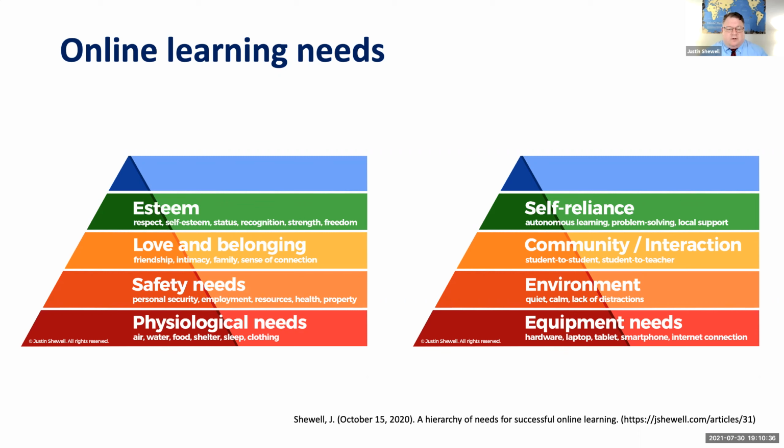Maslow's fourth level was esteem, and this is the need for respect and for feeling confident about yourself. I equate that in online learning to self-reliance. In face-to-face learning, if the student has a question, if their computer's not working or something like that, and you're there with them, they just raise their hand and you come and help them. Teachers really do a lot of problem solving for students, I think.